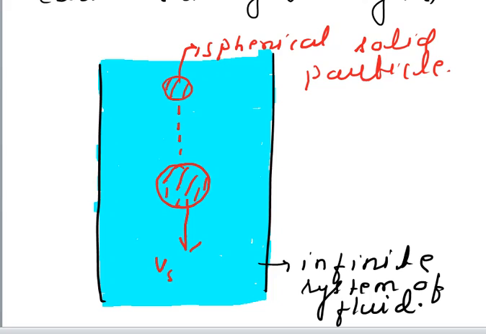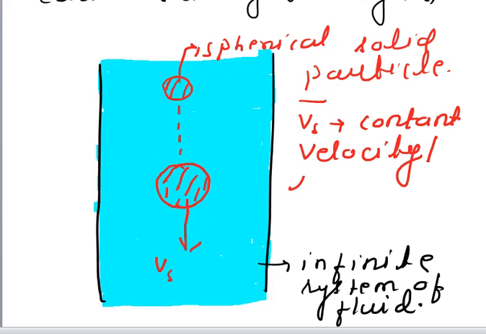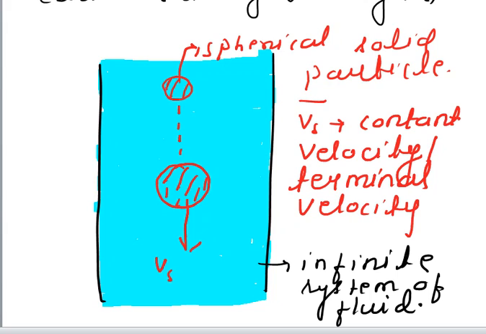And this will be constant, that is Vs is constant velocity, known as terminal velocity. This constant velocity is achieved at long time when the particle continuously falls into the infinite system of fluid. So this is the Vs.